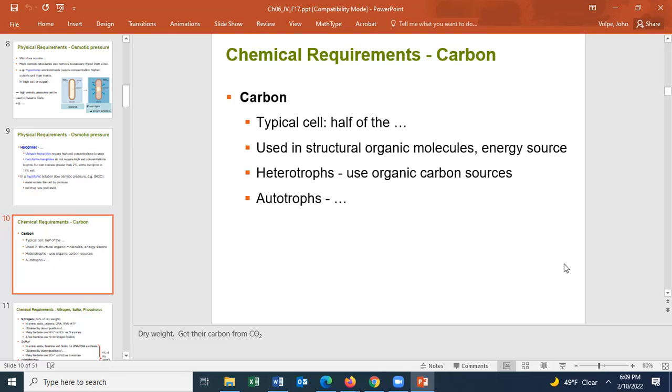Carbon is also an energy source, like glucose can be used to make ATP. Heterotrophs use an organic carbon source, such as glucose. Autotrophs, though, can use carbon dioxide, an inorganic carbon source. Autotrophs get their carbon from carbon dioxide.